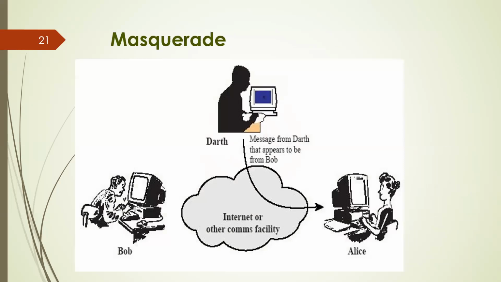So people can masquerade, look at Drath. After Drath had listened in, now Drath sends a message to Alice and says it's from Bob. And I'm telling you, Alice rushes quickly, makes payment to a stranger who they don't know. That makes it very tough.